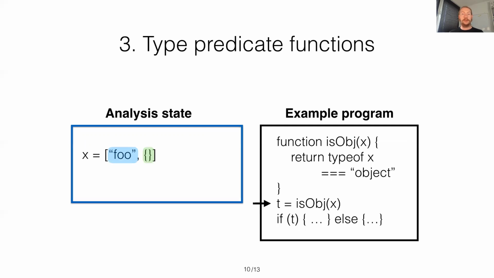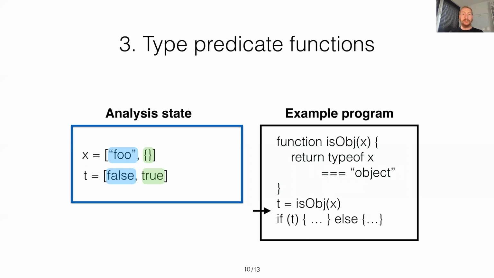When we perform the call to isObj, the value of X is partitioned into a partition for each of its possible types. Specifically, this means that we have a blue partition representing the execution traces where X was a string at the call, and a green partition representing the traces where X was an object. We apply this type partitioning for all calls with a single argument, where the argument might be values of multiple types.